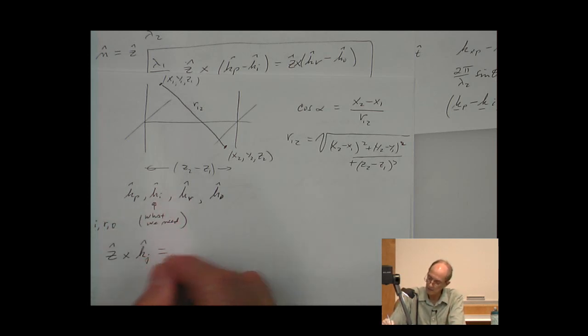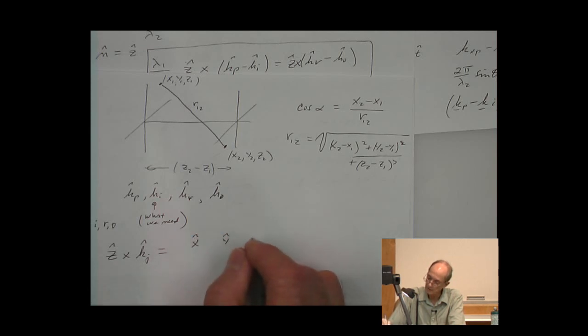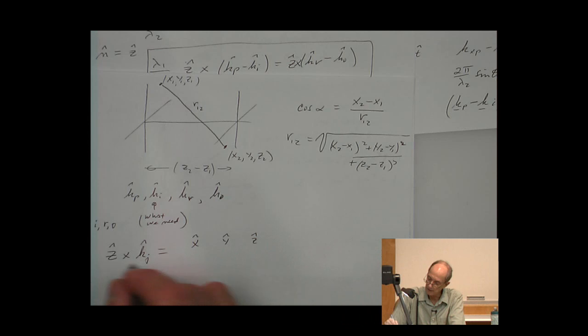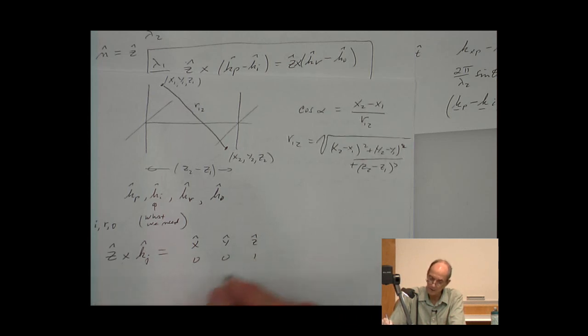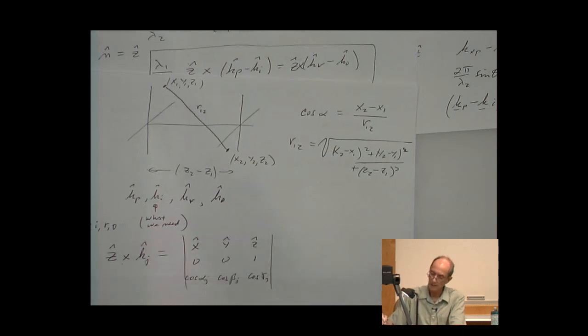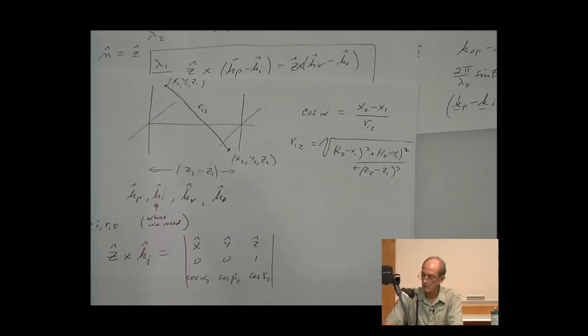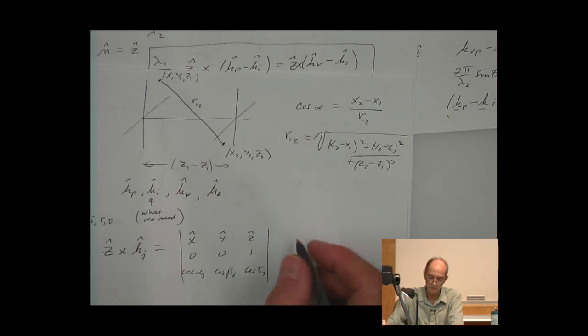This is going to look something like doing our cross product with x, y, and z; z is 0, 0, 1, and then we have cosine of alpha j, cosine of beta j, cosine of gamma j. So again, we just have our little matrix set up for that.